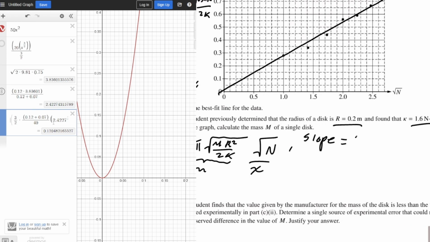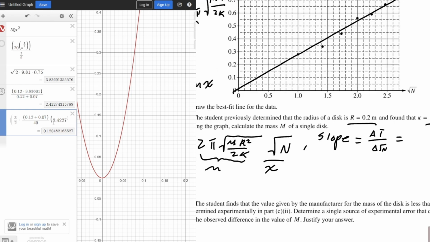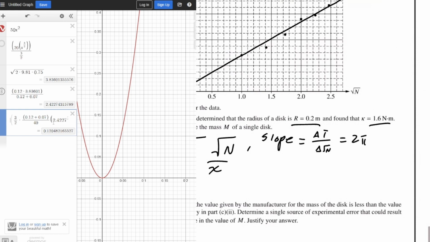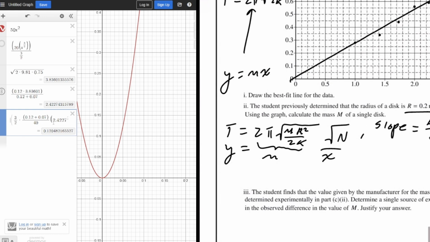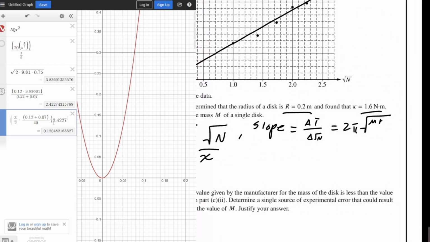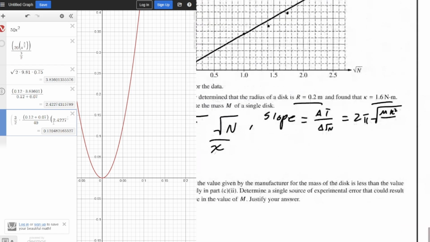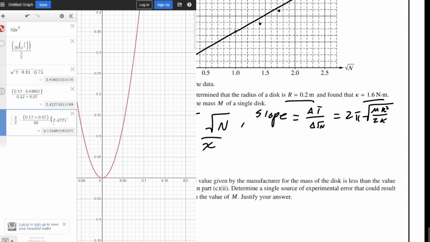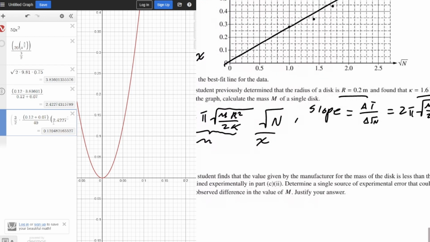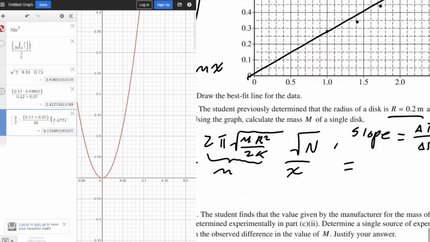Slope is equal to the change in period over the change in the root of n, which is also equal to 2 pi times the square root of mr squared over 2 kappa. College Board gives you a point for writing this statement. I like to write it on all of my exams just to make sure I don't miss it.